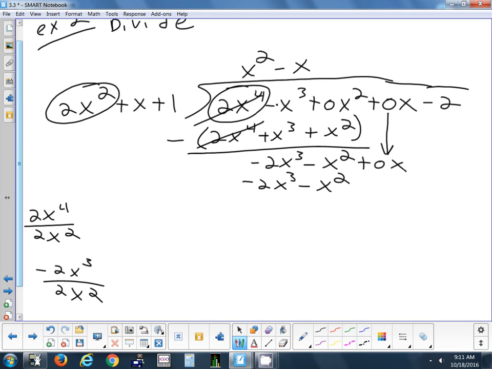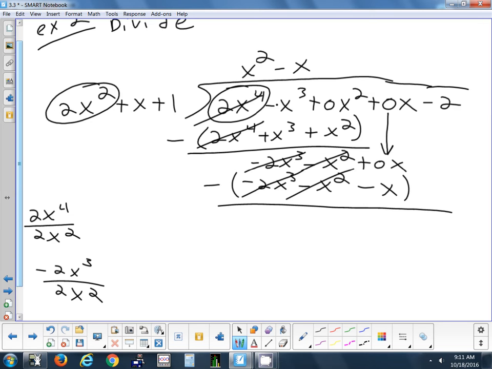Yep, and negative x. And we're subtracting. Nick, what's negative 2x cubed minus 2x cubed? 0. And how about negative x squared minus x squared? 0. So what just happened is two things canceled out in the same step. It doesn't always happen, but when it does, it's kind of nice.